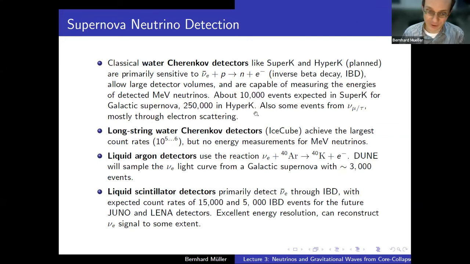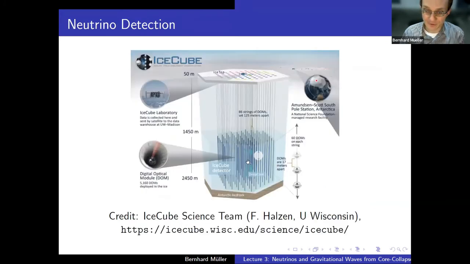There's a variation of these water Cherenkov detectors, which uses big blocks of ice, or in the past seawater. That was done prior to this IceCube thing here in the Mediterranean.